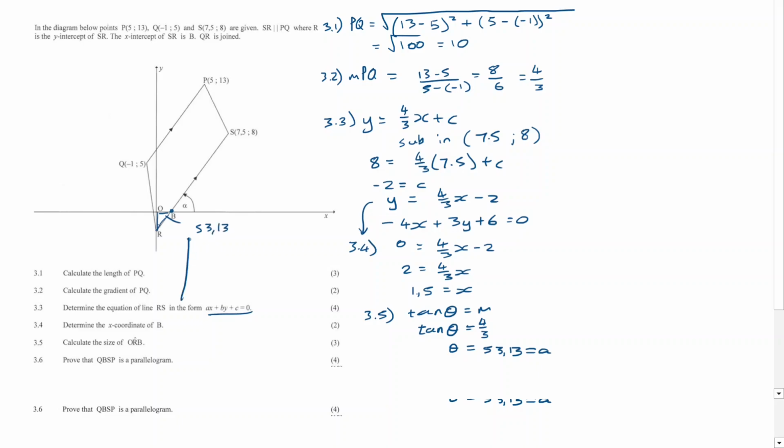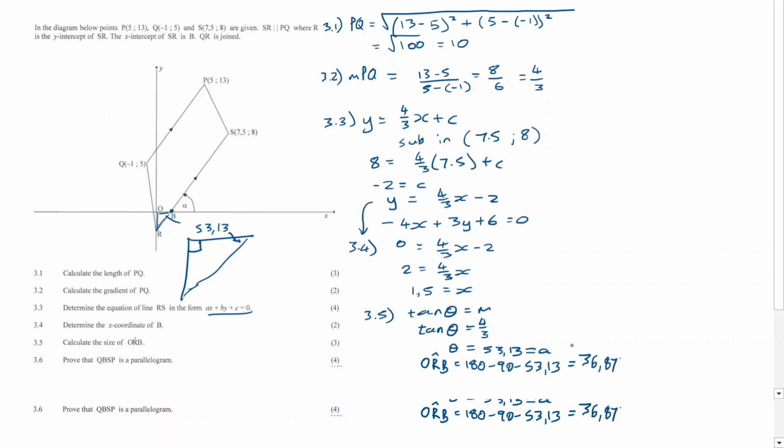If I zoom into that triangle, I've got a 90 degree at the origin. I've got the 53.13 there. And so if I want to get the angle that they're asking for, ORB, it's just going to be 180 minus 90 minus 53.13, and that will give us our answer of 36.87.